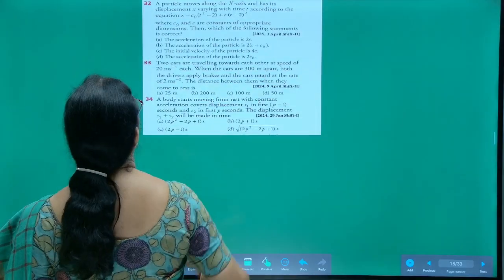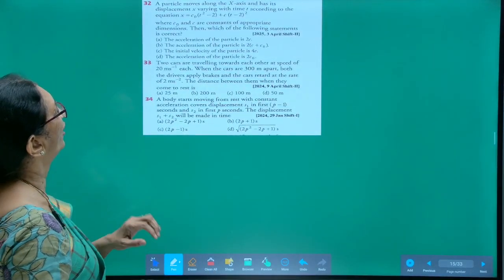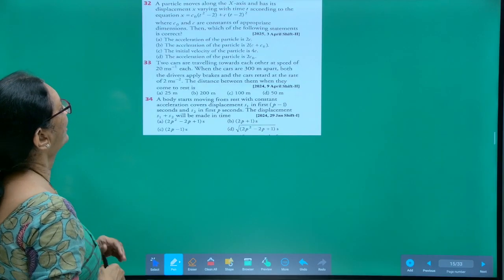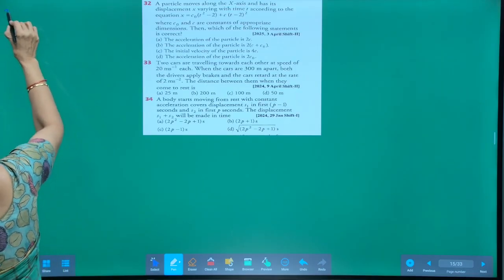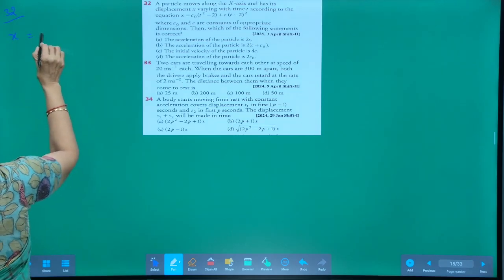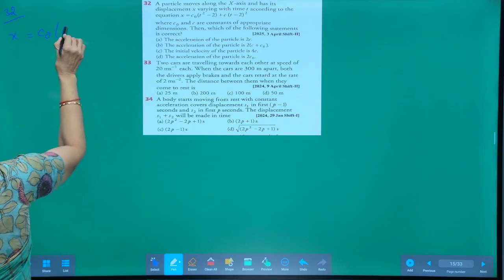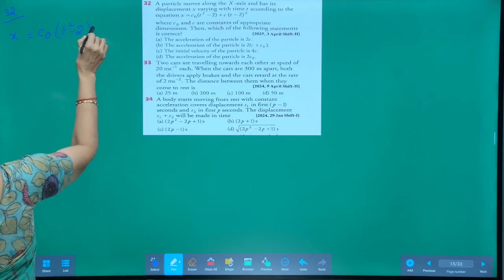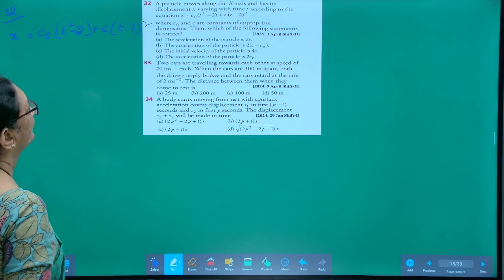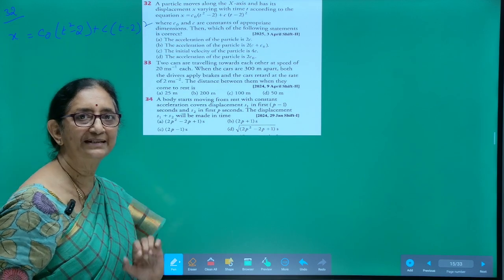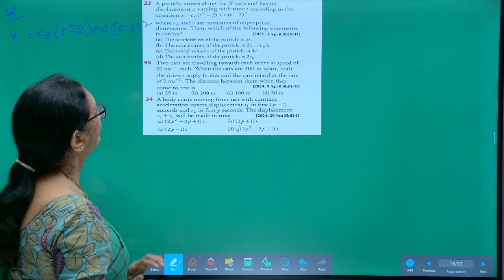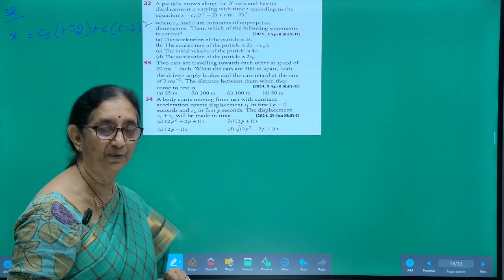Look here. A particle moves along its axis and has displacement varying with time according to the equation. So first you write the equation given there. It is C naught t square minus 2 plus C t minus 2 whole square, where C naught and C are constants with the appropriate dimensions. Which of the following statements is true?